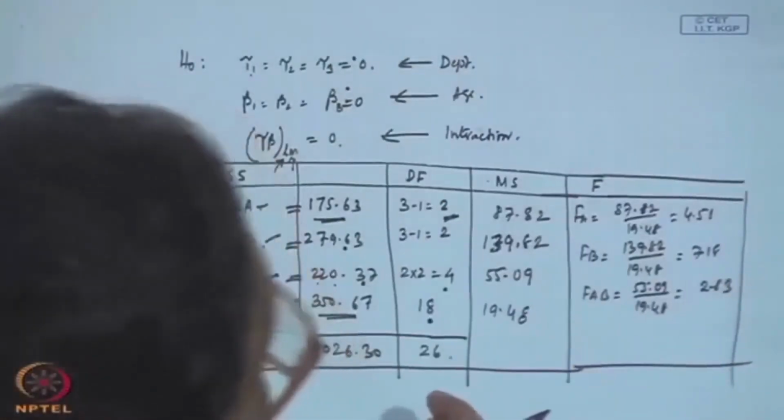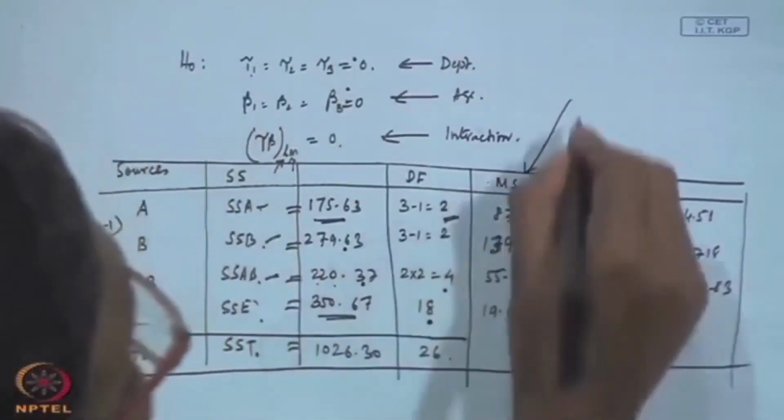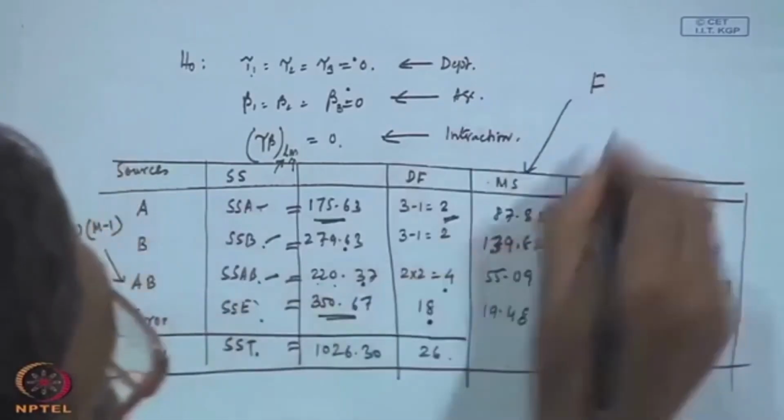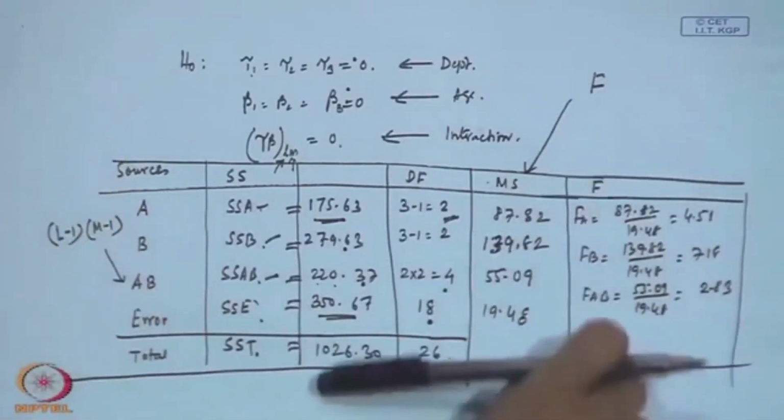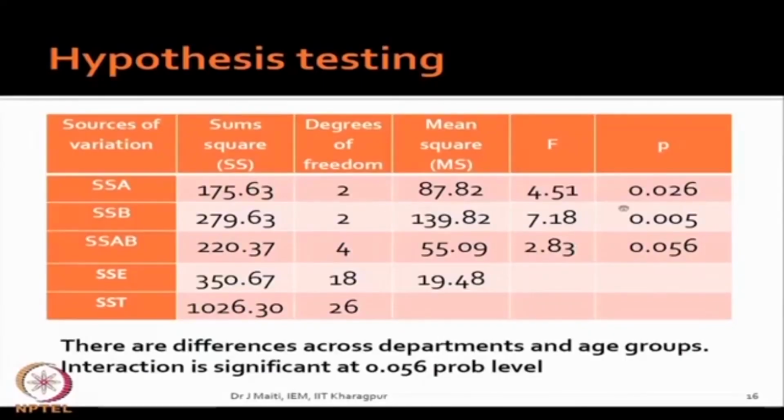What you require now? You require to find out the tabulated value, let some value, alpha value you take 0.05. Now, see this, we have identified what is the p value for F equal to 4.51 with degrees of freedom 2 and 18. This is 0.026, it is less than 0.05.